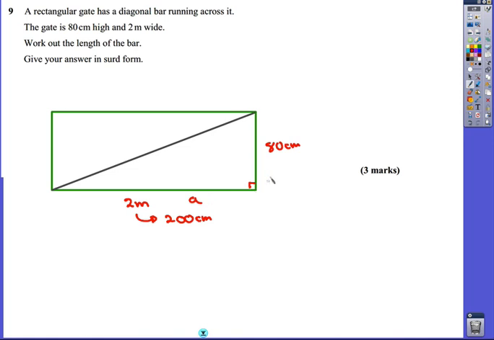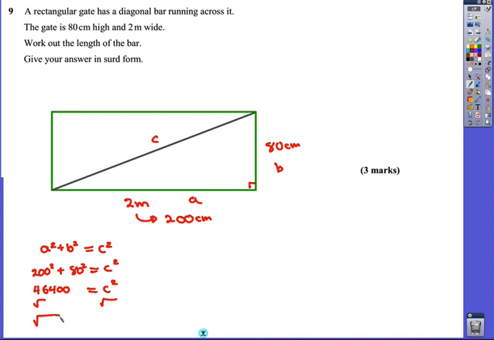We can start labeling it A, B, C, and we know that A squared plus B squared is equal to C squared. So 200 squared plus 80 squared is equal to C squared, and that is equal to 46400 is equal to C squared.